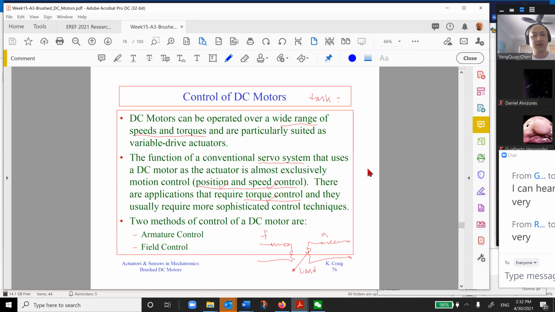Brushed DC motors. I hope everybody will feel comfortable about this type of equivalent circuit.